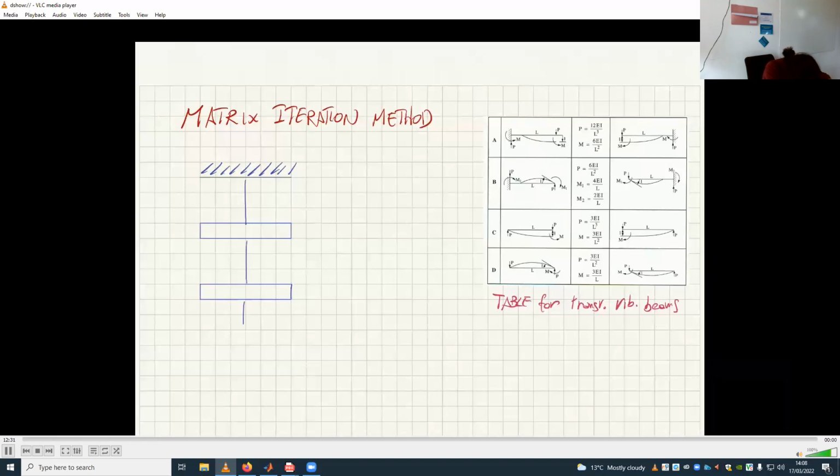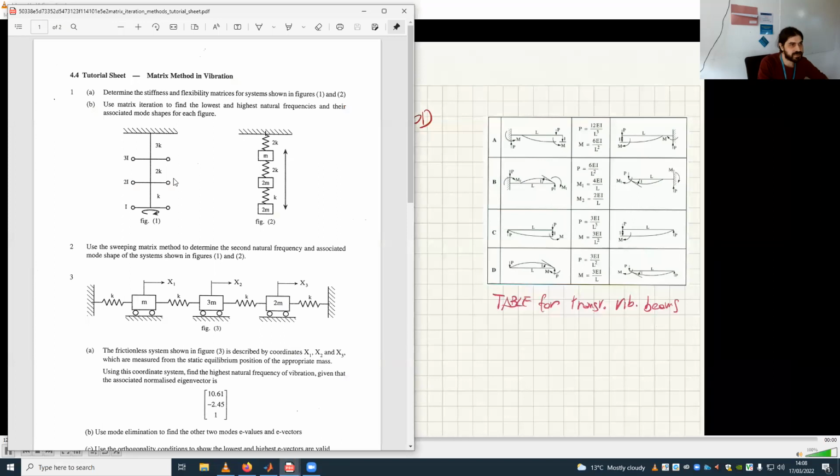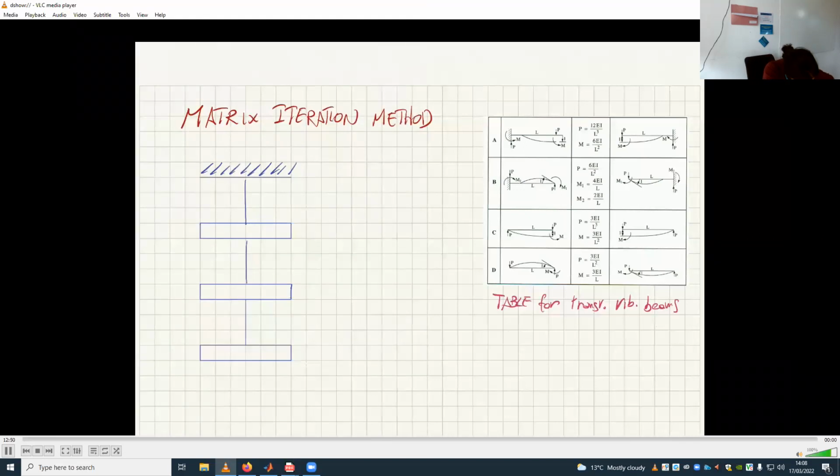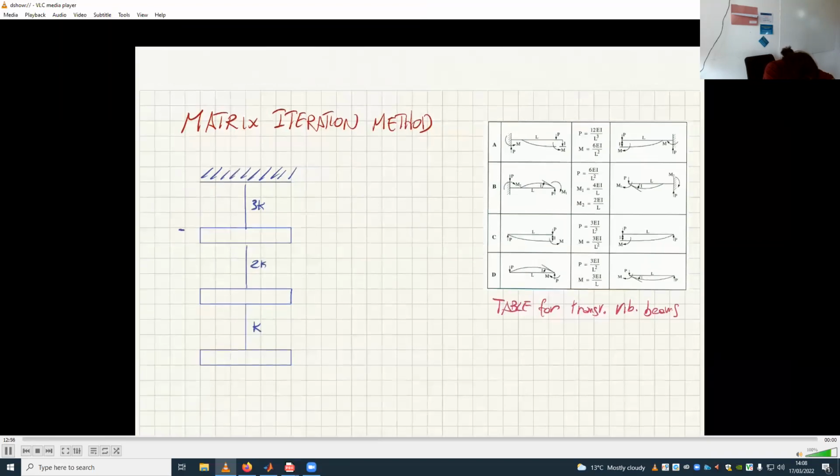Then we have the last one also with some rotational mass. Now this system has stiffnesses of 3K, 2K, and K, and inertias 3I, 2I, and just I.